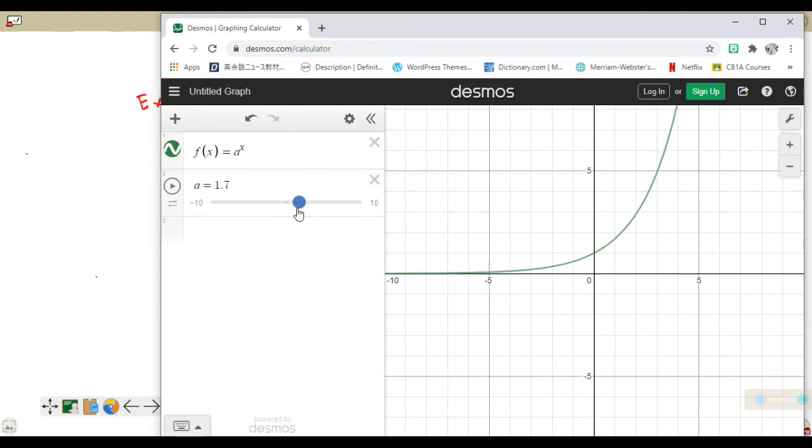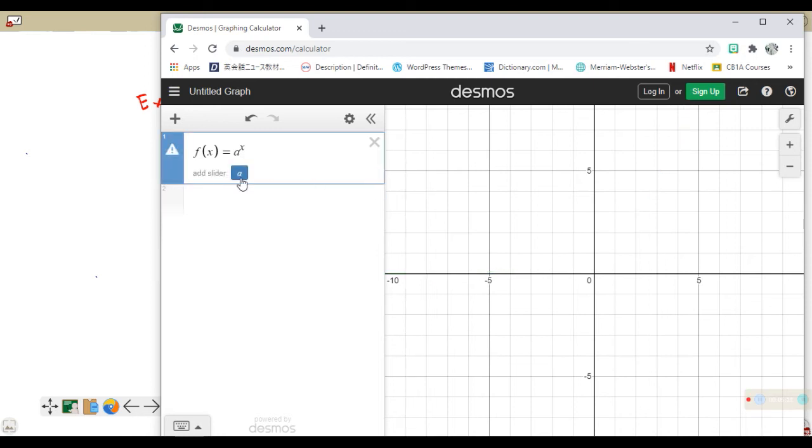So what if we increase the value of a? Sundin natin yung condition that it is greater than 1. So, kung greater than 1 siya, for example, 1.8. Ayan.